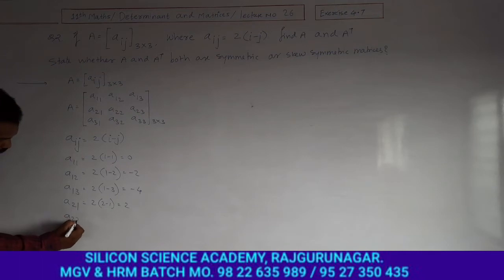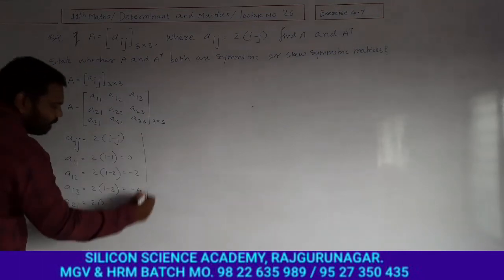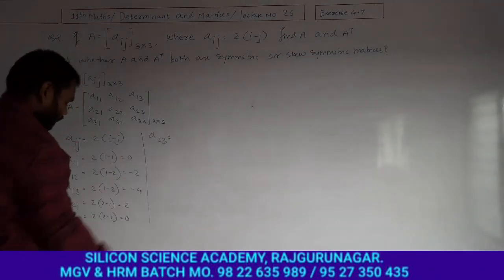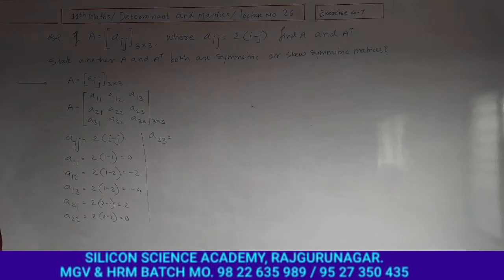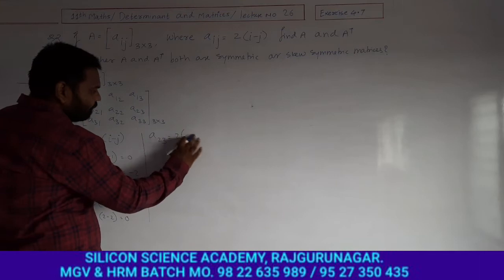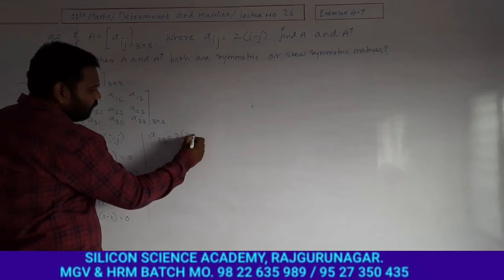A22 is 2 into 2 minus 2, that is 0. Next, what is A23? That is 2 into 2 minus 3.